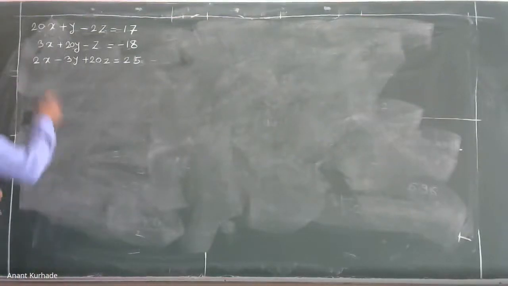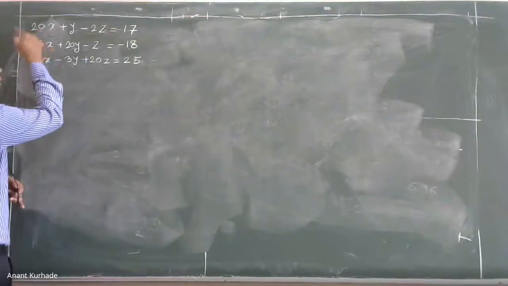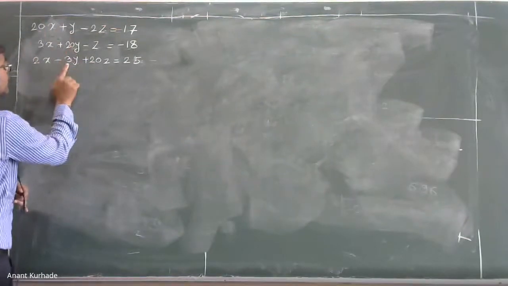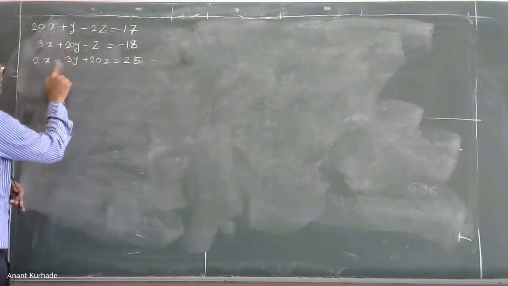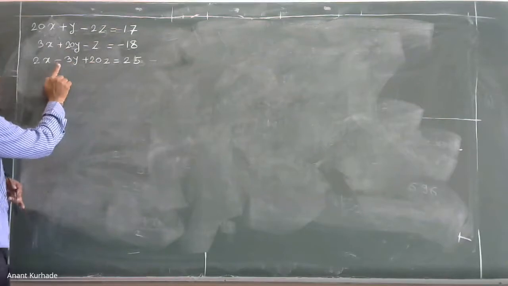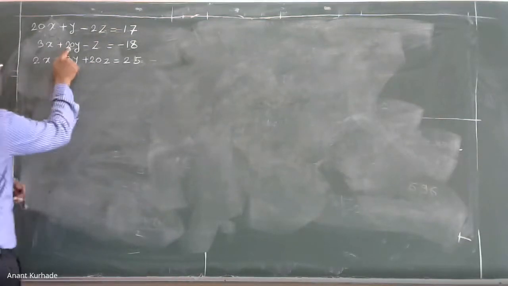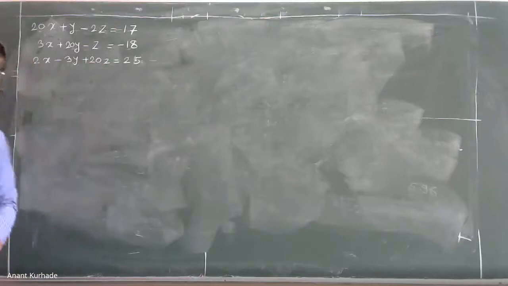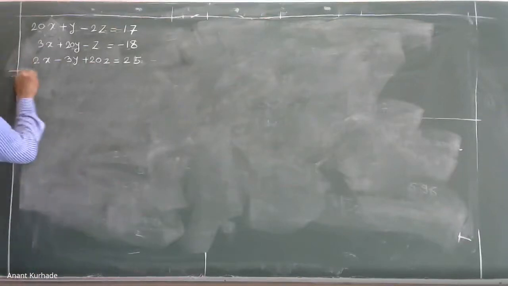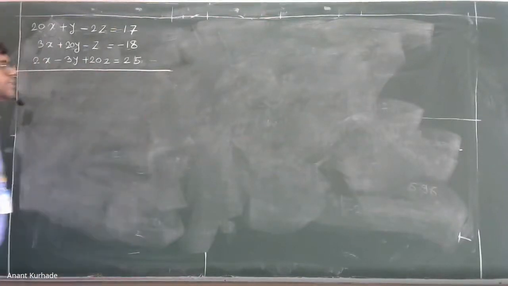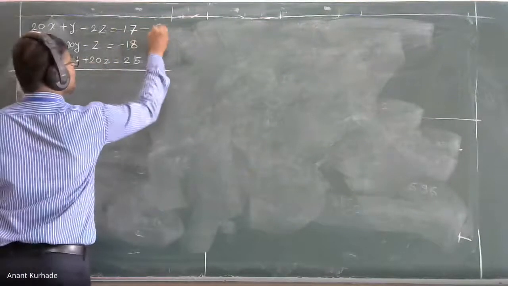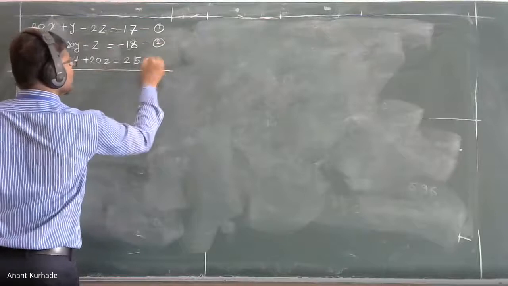Simple. The principal maximum 20 is already at the first place, second 20, third 20 and 3. Don't check the sign. The 20 is in second place and this one is at last. So this given set of equations is with partial pivoting. Now you can see the numbers very clearly: 1, 2, and 3.